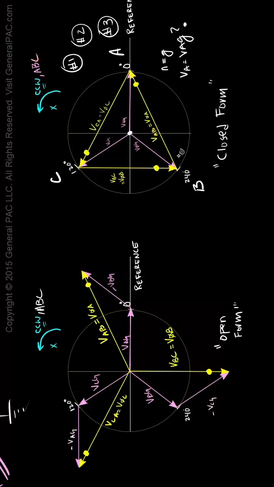Because the arrow is pointing in this direction, so this voltage drop is from B to A, but it's written down as VAB. Something over here. When initially inspected, it appears that this phasor should be VAC because we start from A and go to C. But in reality, it's VCA. Something over here. By inspection, it appears to be VCB, but in reality, it's VBC. So the voltage drop isn't as we defined it.